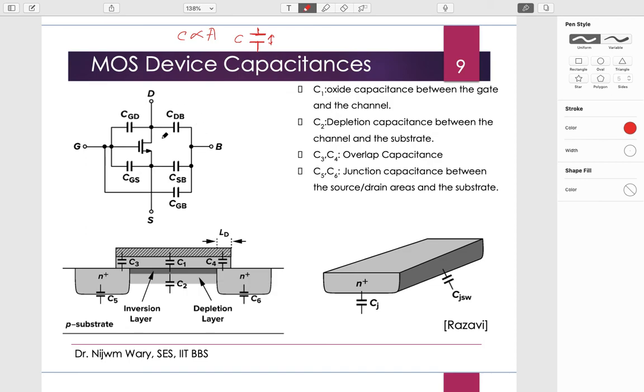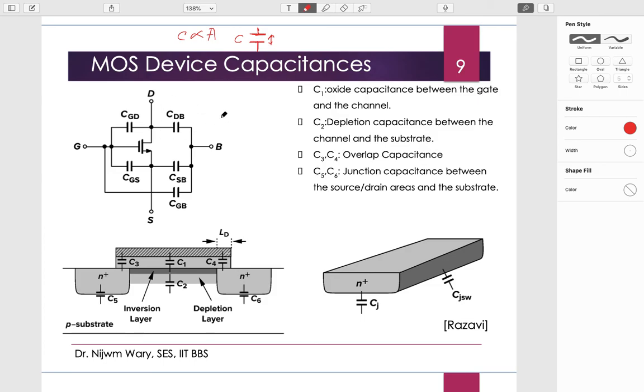Otherwise, the capacitance, as you know, filters the high frequency components, so it affects the speed of operation of the MOSFETs. That's why the target is to minimize this parasitic capacitance.